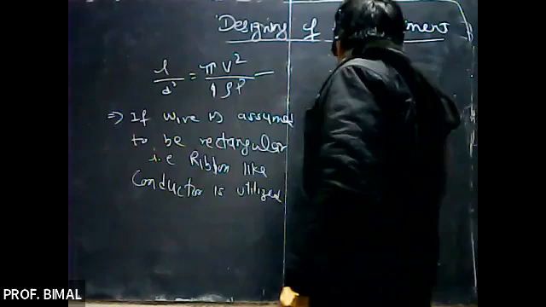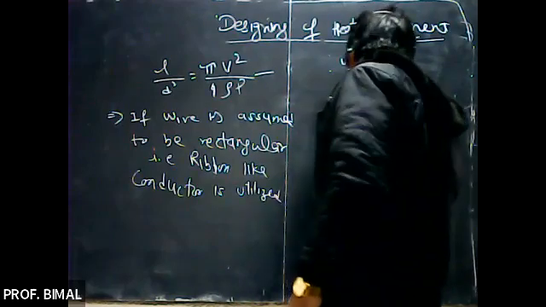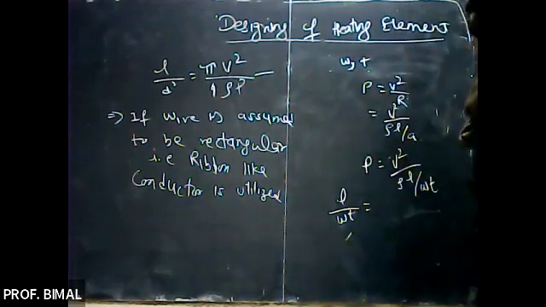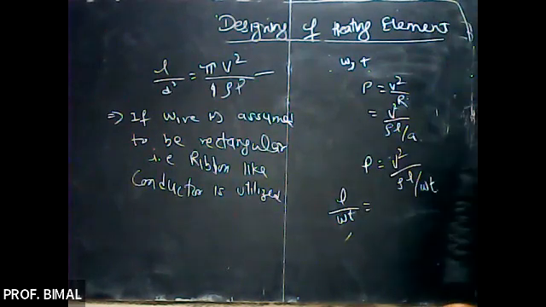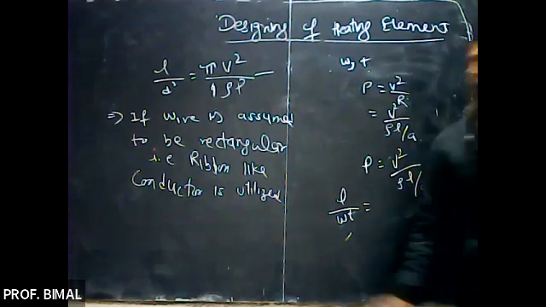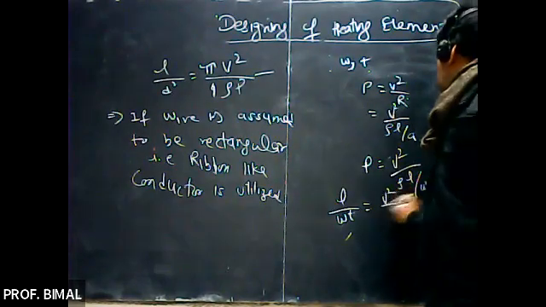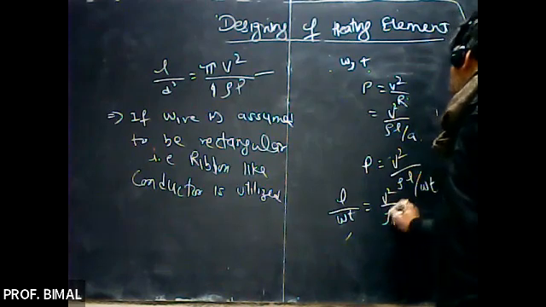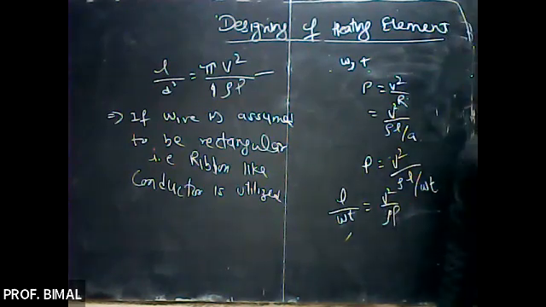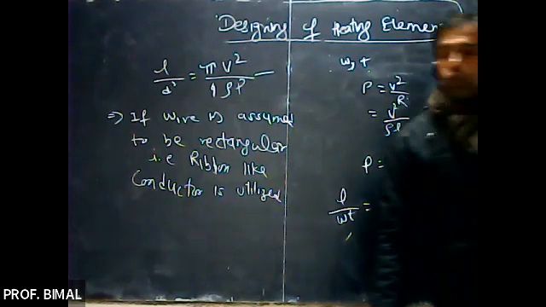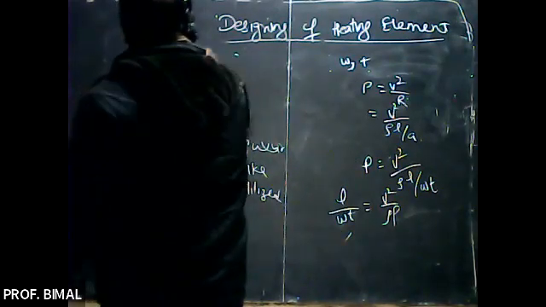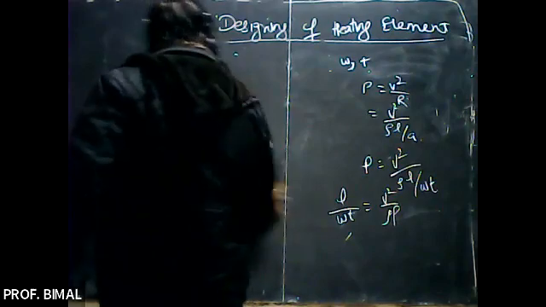Here this is the equation of P. So L upon WT will be equal to V square upon rho P, right? From this, at steady state, again we are assuming that under ideal conditions, power input is equal to heat.